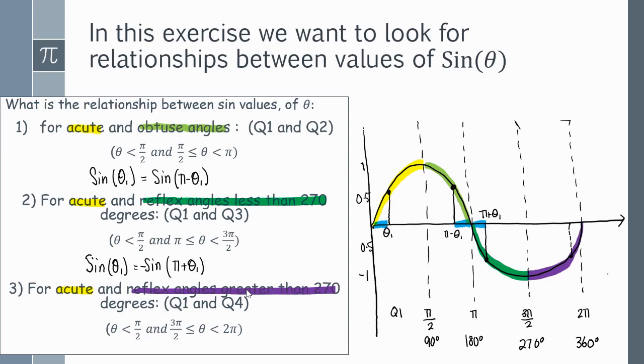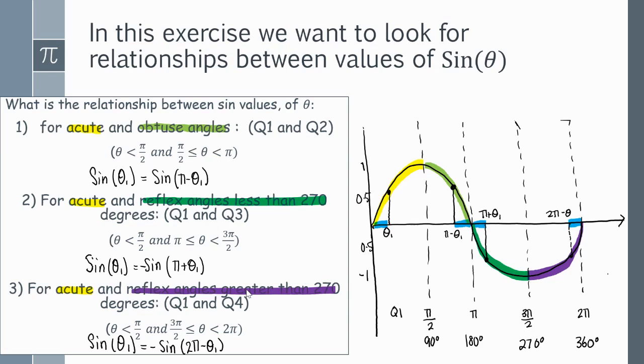Again, the distance along the axis looks like it would be 2 pi minus theta 1. So I have another point of reflection and symmetry. So here I can say that sine of theta 1 is equal to, again, the negative of sine of 2 pi minus theta 1.